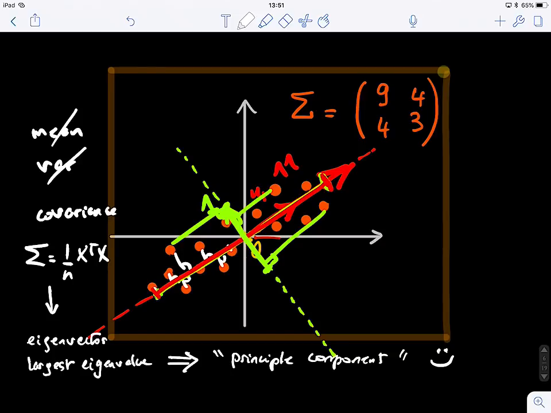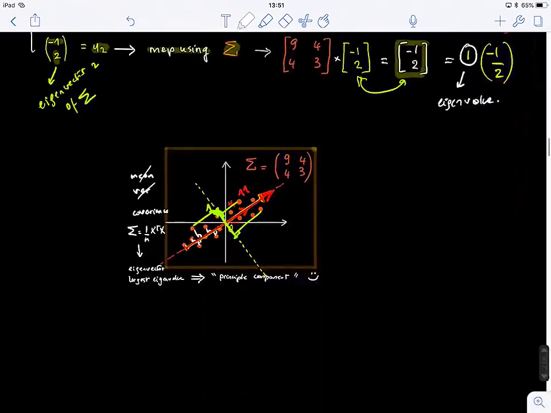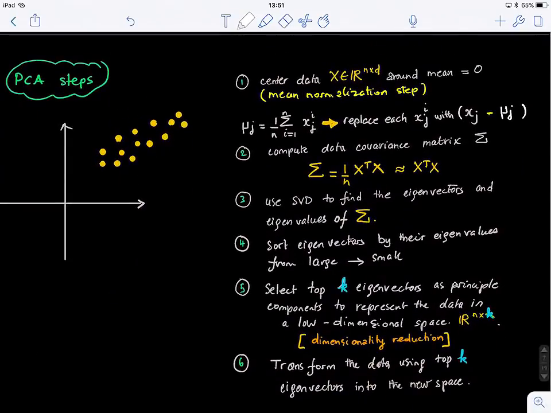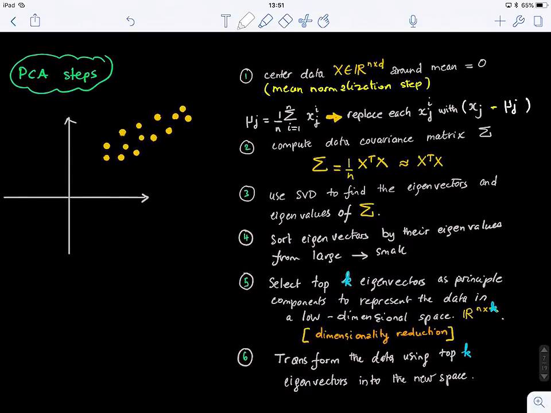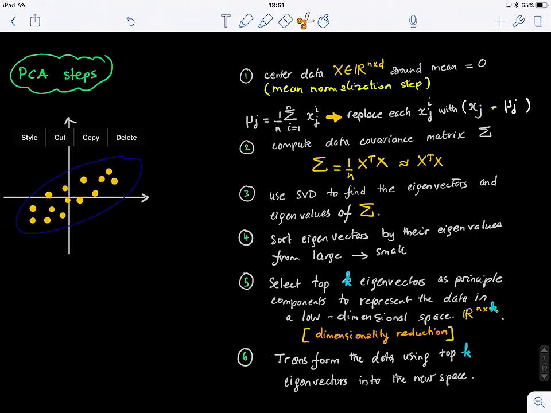So just to sum up the whole story from the beginning, this is the algorithm. Here is how we do PCA, looking for the principal components. First, we need to center the data around 0. So this is the first step: center the data around the mean 0. Then compute the data covariance matrix.